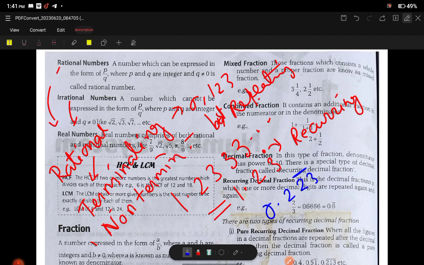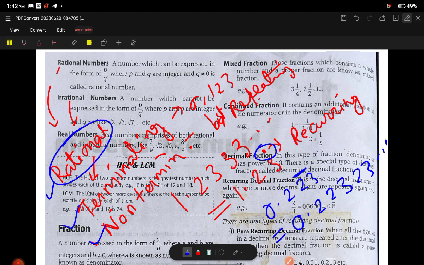You can write this as 0.22323 dot dot dot, which means 23 is repeating. So either it will be a recurring dot or it will be under the bar. So a rational number will be either terminating or non-terminating repeating.